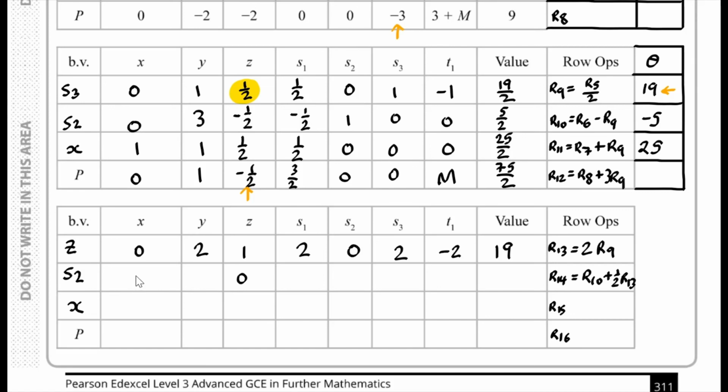So for the S2 row, we have 0, 4, 0, 0, 1, 1, minus 1, and 12. x over here, for row 15, we have row 11.